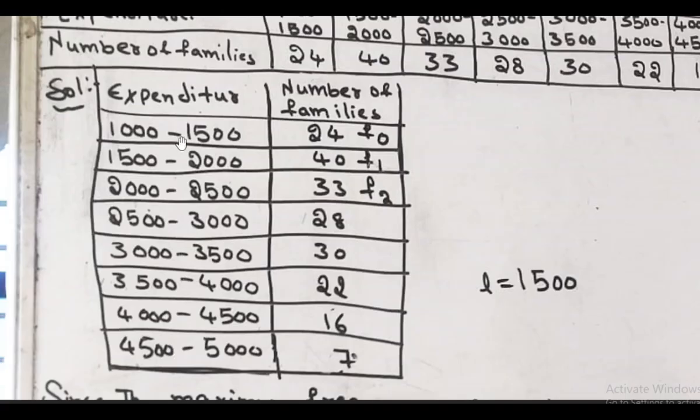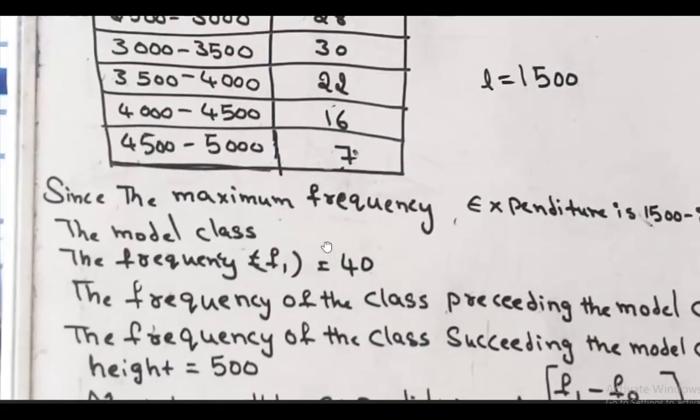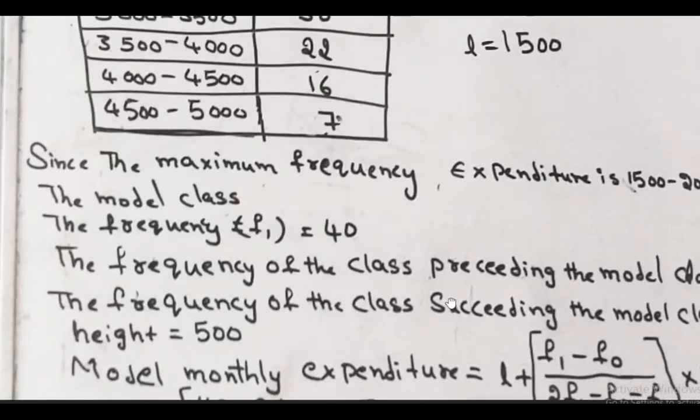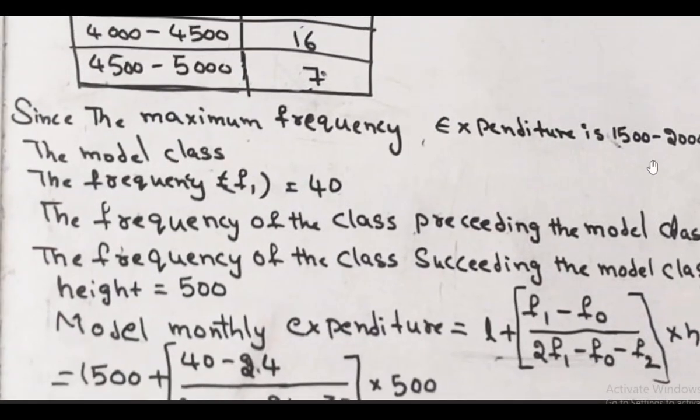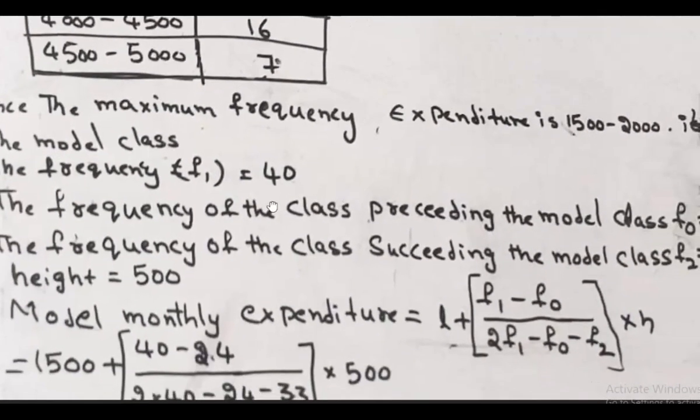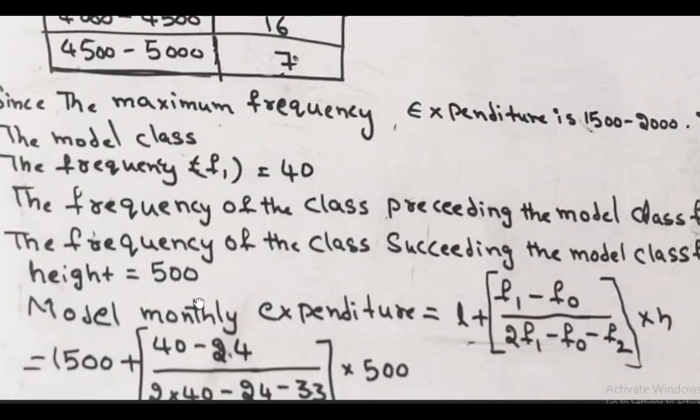If you observe all the class intervals, the difference is 500. So the modal class frequency F1 is equal to 40, the modal class is 1500 to 2000, L is equal to 1500, preceding class F0 is equal to 24, succeeding class F2 is equal to 33, and the height of the class is equal to 500.